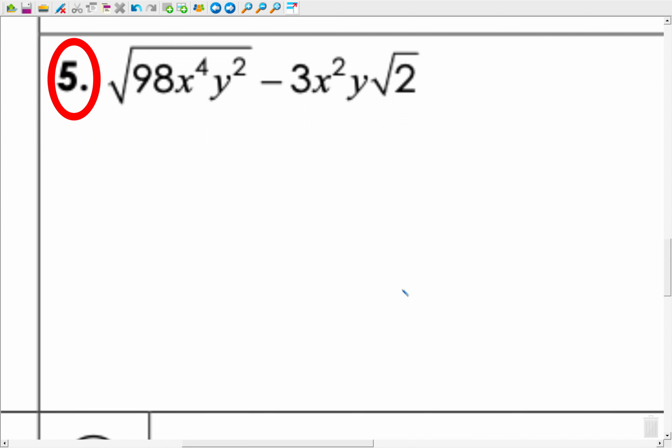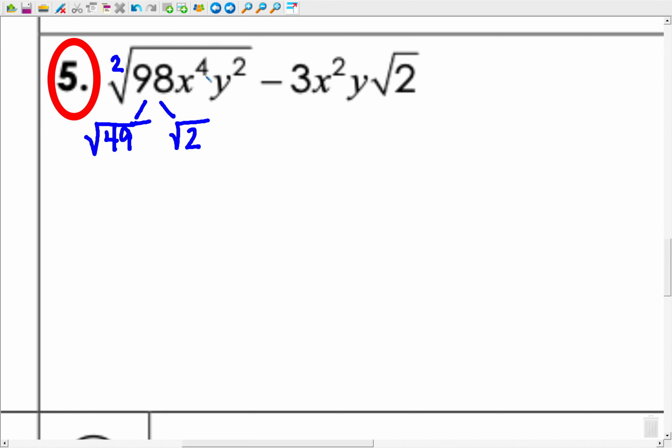For number 5, I have an invisible index, and that invisible index is 2. So this means when I separate this, I will have the square root of the following things. The square root of 49 times the square root of 2.